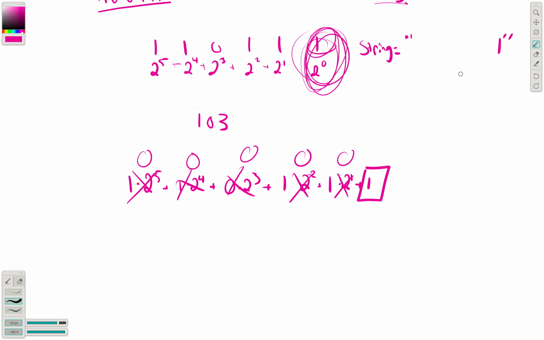Now I've got to get the rest of this number. So how should I continue? Well, one thing I could do is, let me erase this. No, not undo. Where's my eraser? There it is. Let's go back up here. 2, 0, and that was 1.